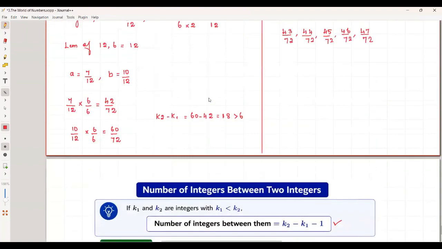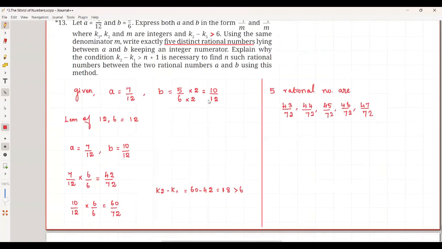Now come to this question. We have to give the explanation. Explain why the condition is necessary. We know that in between K1 and K2 there are K2 minus K1 minus 1 integers.